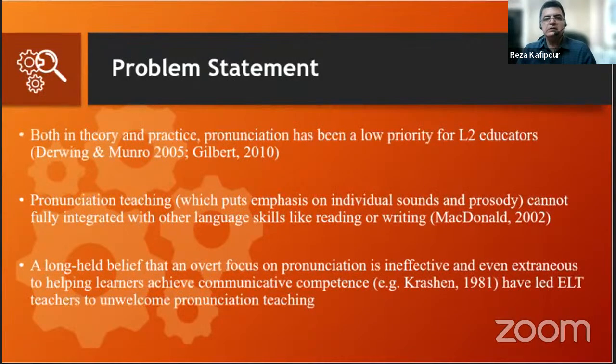Pronunciation teaching, which puts emphasis on individual sounds and prosody, cannot be fully integrated with other language skills like reading or writing, or let's say teachers do not know exactly how it is possible to integrate pronunciation teaching with the four main language skills such as reading and writing.